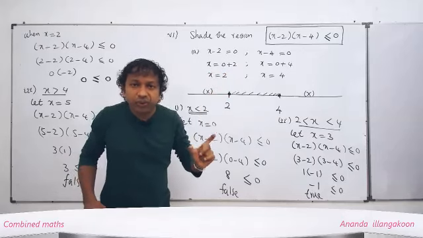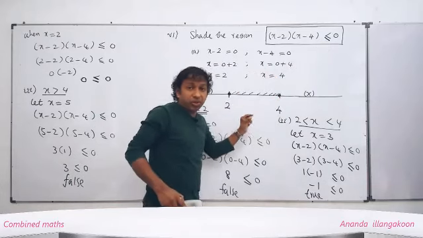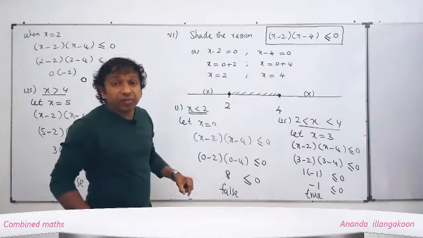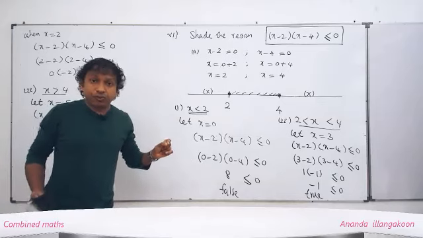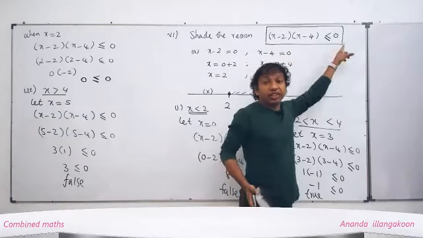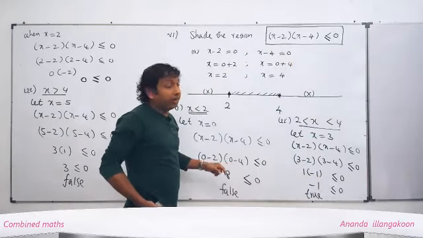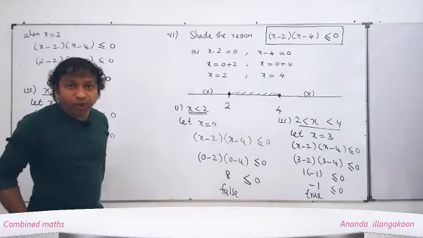Whenever you have equal sign here, take these values we marked on the number line. Then what is our final answer? The x values which satisfy this inequality lie between 2 and 4, including both 2 and 4.